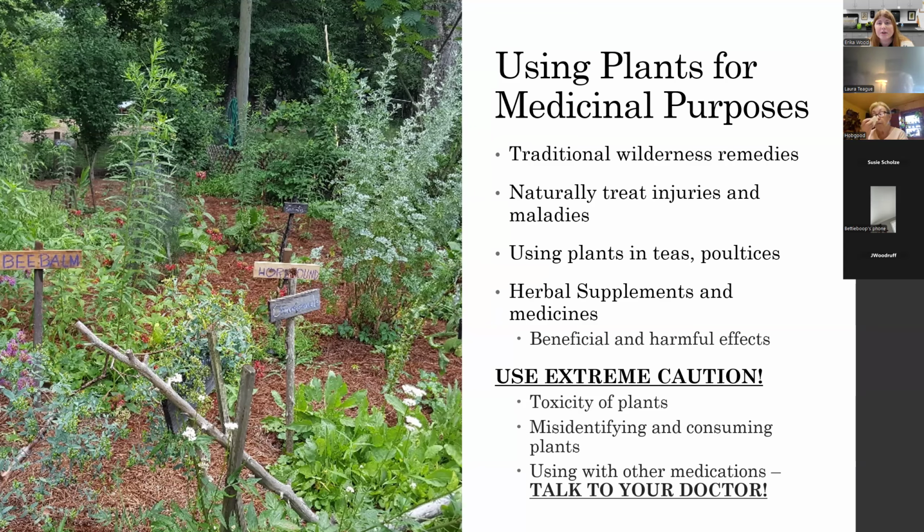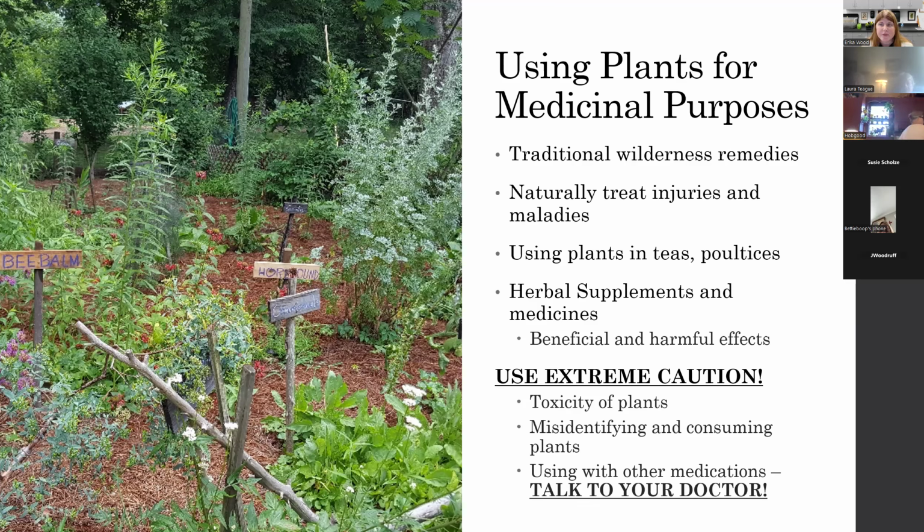And then, with modernization, we have been able to extract a lot of these plants and create them into medicines, but also into supplements as well. We may use these supplements as part of our regular routine.